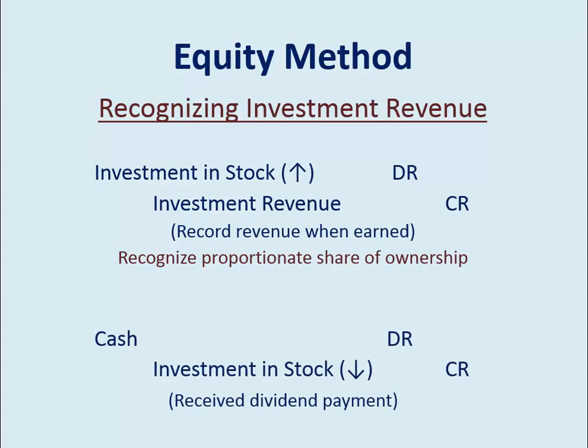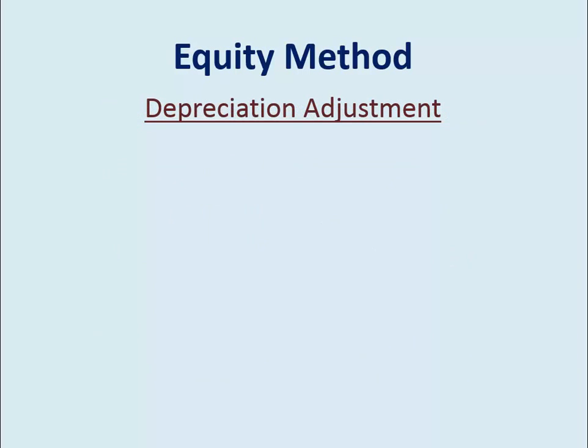Then when you do receive either a dividend or interest, cash comes in. That's not when you record revenue because you've already recorded it. This is when you're going to decrease your investment account, because the mirror side of that, when the company paid their dividends or declared the dividends, they decreased retained earnings. So your investment account is mirroring their retained earnings account.